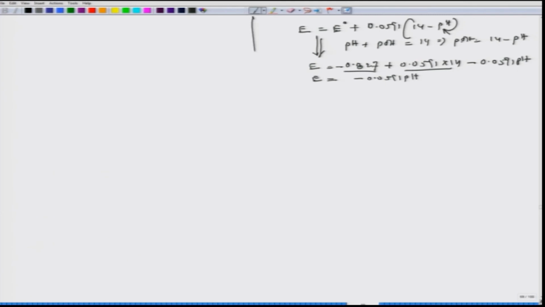So, now this is the acidic side and this is the basic side, where pH is greater than or equal to 7, but on the acidic side it is less than 7. For the first reaction, we had the same equation.